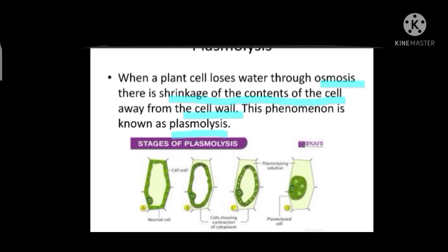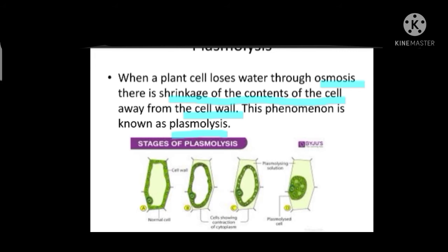So from where to where will the water be moving? The water will be moving from the cell to the solution. Why? Because the cell will have more water and the outer medium or the solution will have a lower concentration of water compared to the cell. So automatically the water will be moving from the cell to the surrounding medium.